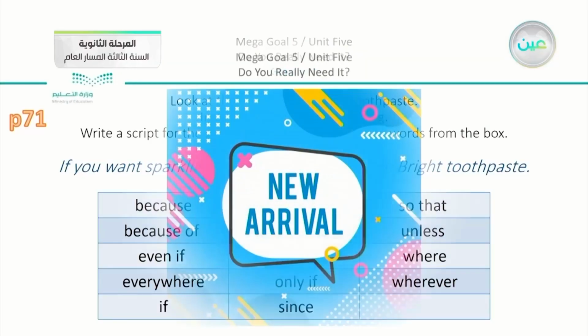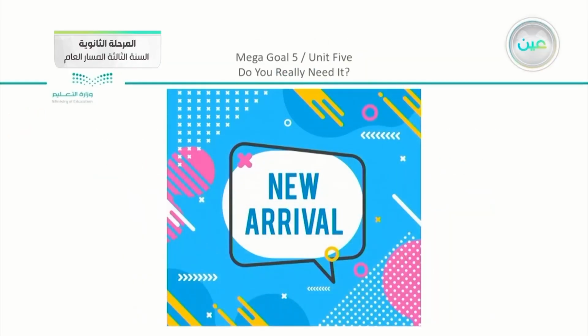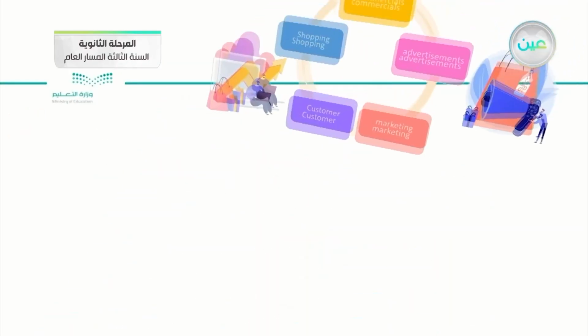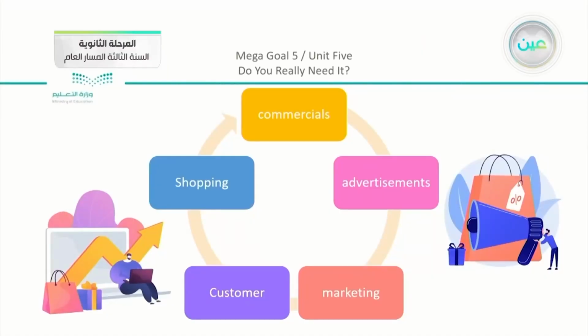Now we are going to move on. We have something new here. Now, going back to the idea of advertisements, we mentioned that we see advertisements, and commercials are also a kind of advertisement. The reason for commercials or advertisements in general is marketing.